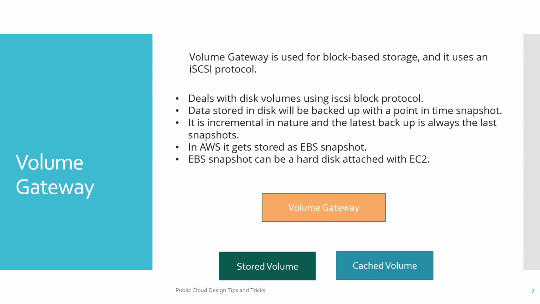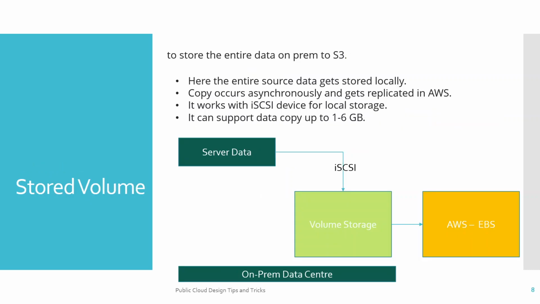Now again, the volume gateway is of two kinds, stored volume and cached volume. What is stored volume? To store the entire data of on-prem to S3. So basically, you are trying to transfer the whole set of data of on-prem into AWS S3 services. That is why here the entire source data gets stored locally, and the copy occurs asynchronously and gets replicated in AWS.